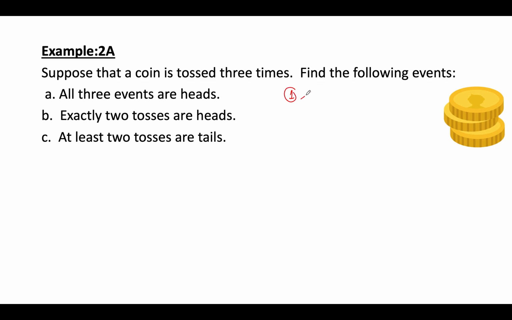So I might get either head or tail. All right? Then we tossed the coin again, so I might get either head or tail, and here also either head or tail.